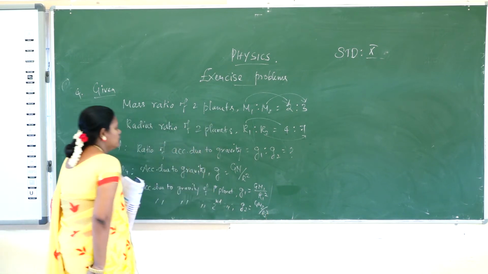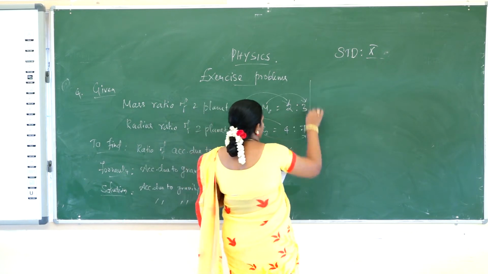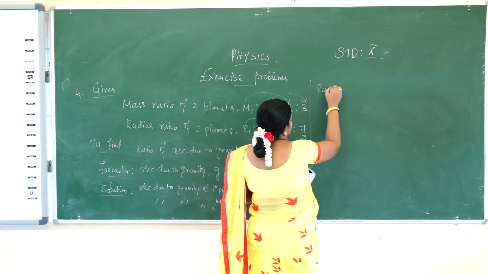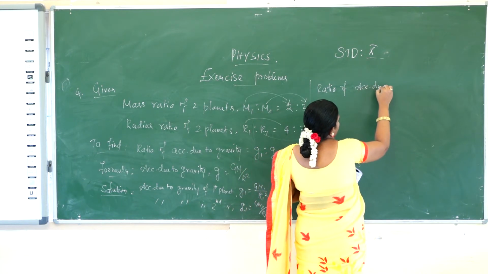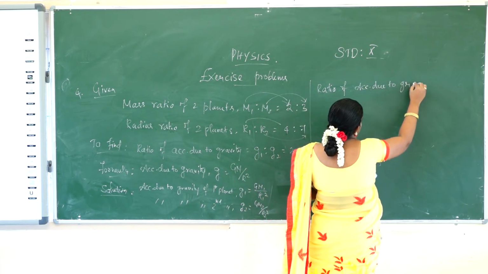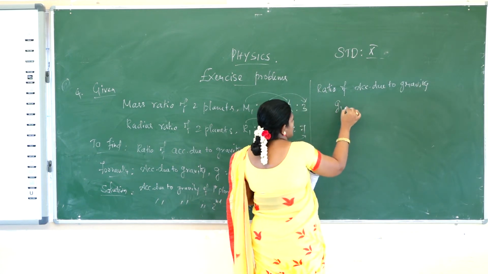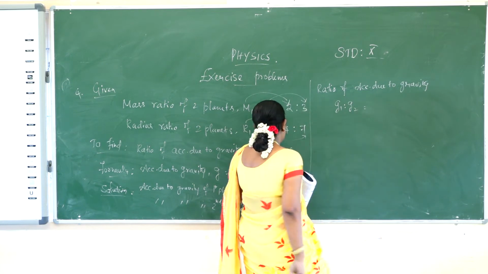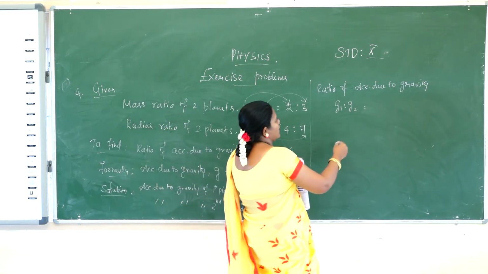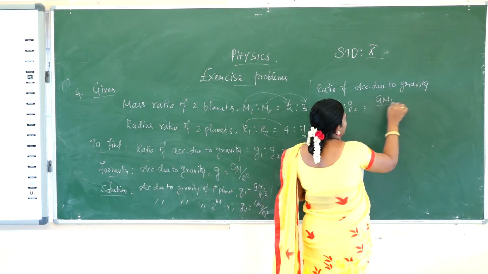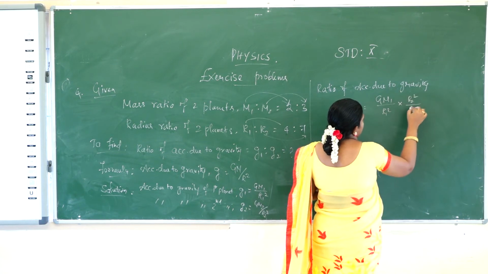What will you find out in this question? The ratio of g1 is to g2. So g1 by g2 is GM1 by r1 square into r2 square by GM2.